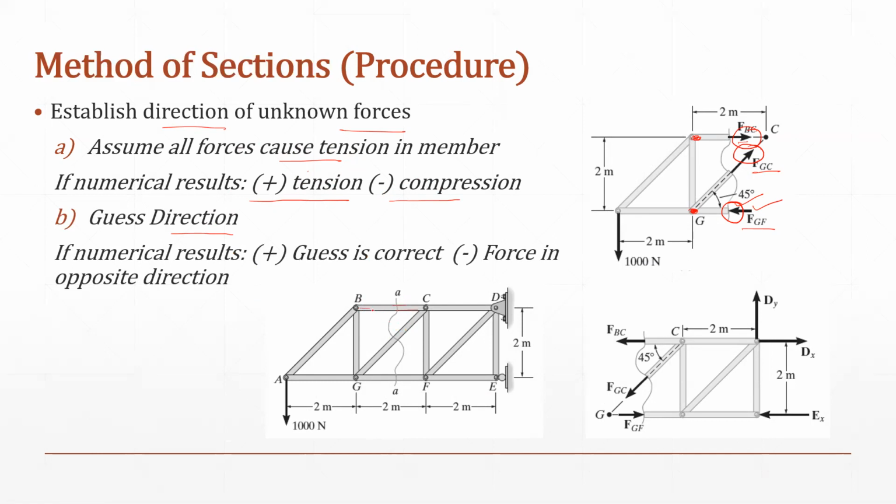If we use that concept, that horizontal members are generally in tension, and inclined members can be either in tension or in compression, then based on that we can make the guess. For example, member BC will be in tension, member GC in compression, and member GF in tension because member GF is horizontal.